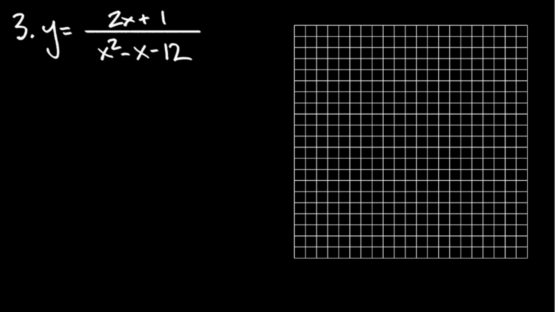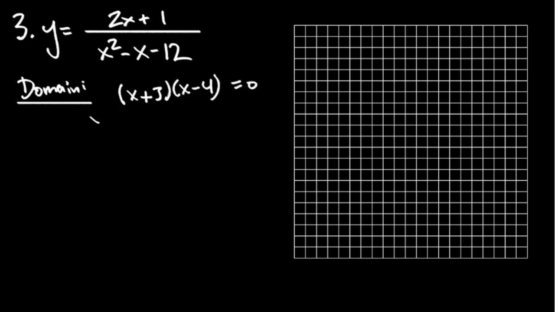Alright, so now I'm just going to go over this problem real quick. We look at this, it's not clearly a transformation of any sort, so let's just go through it and see what we get. Let's find the domain of this thing. Set the denominator to 0, and then remove whatever makes that 0. So that's going to turn into x plus 3 times x minus 4.